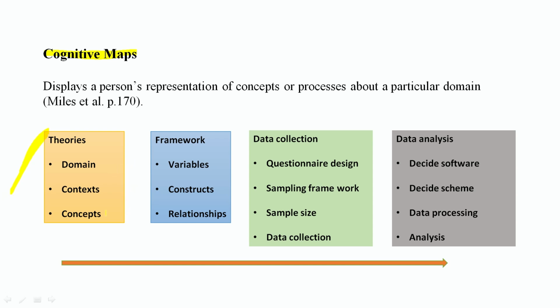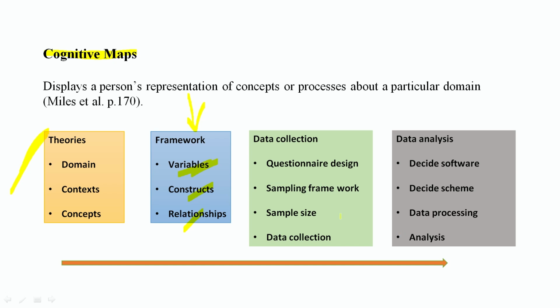You can look into the variables, constructs or their relationship, which you can connect and say it is a framework. Then other aspects like questionnaire design, sampling framework, sample size, data collection. So, in different ways you can create mapping.